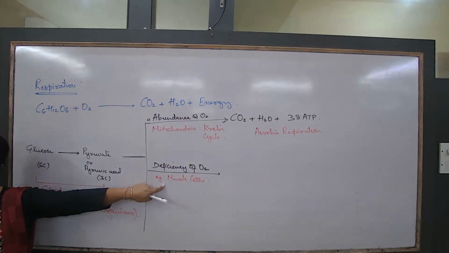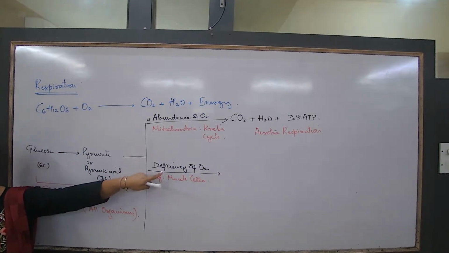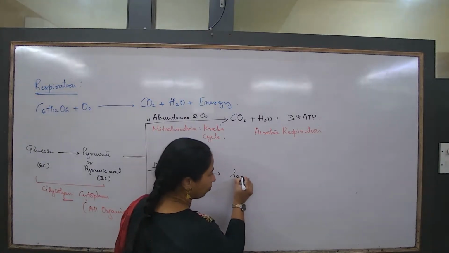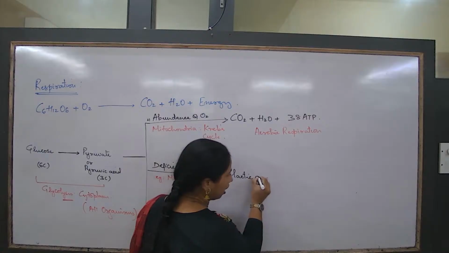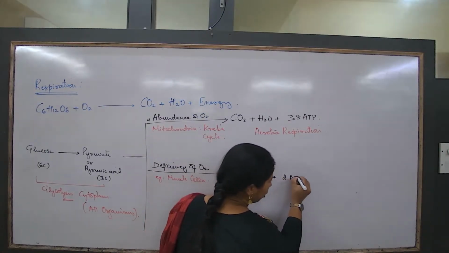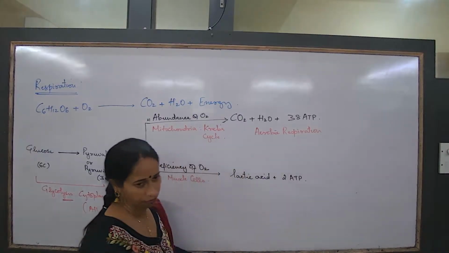So when the muscle contraction is much faster, which results in the deficiency of oxygen in the muscles, at that time, what are the products formed? At that time, the products formed are lactic acid and 2 molecules of ATP.